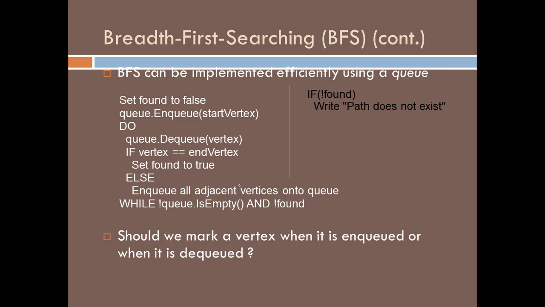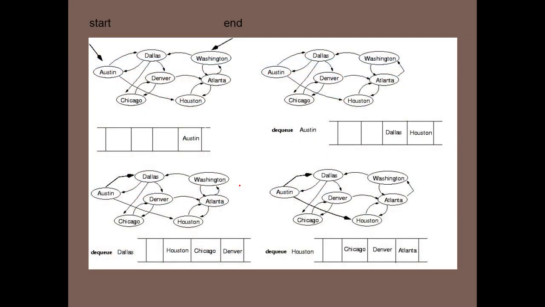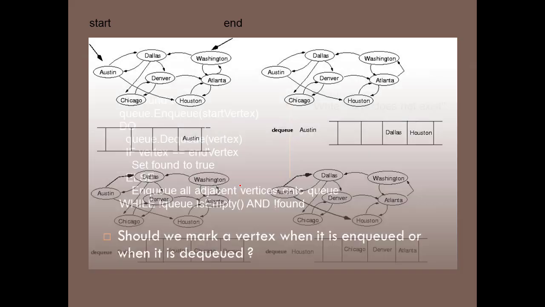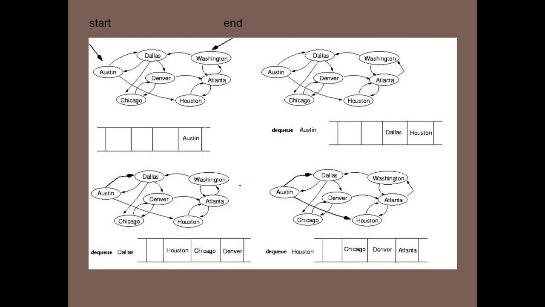So this is the algorithm of breadth first search. Please try to execute it, implement it, and understand it as we did for the previous algorithm, depth first search. This is the implementation example of the BFS algorithm.